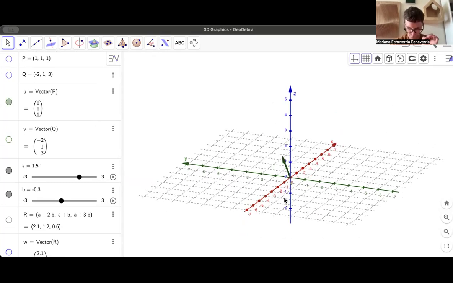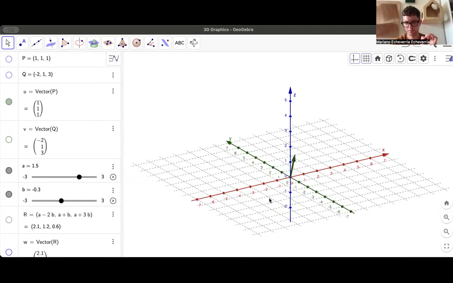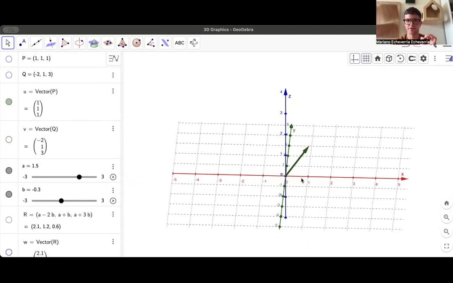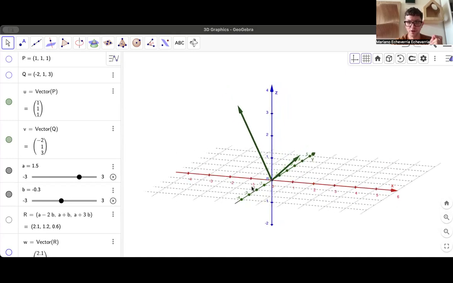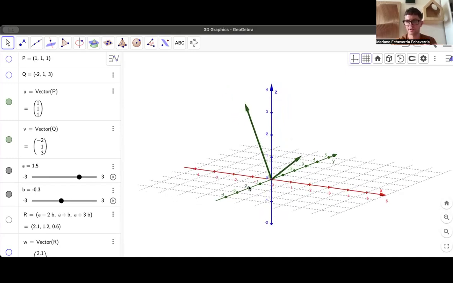So this is the vector 1, 1, 1, the vector that you see hopefully here in green. This is one of the columns of the matrix, and the other column vector was -2, 1, 3. So there it is.